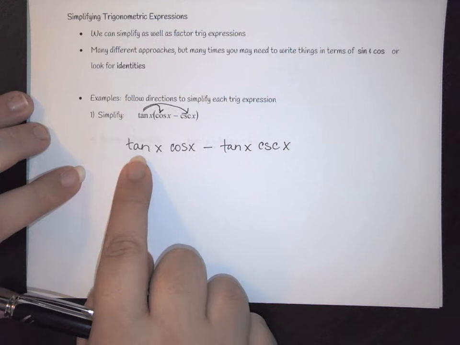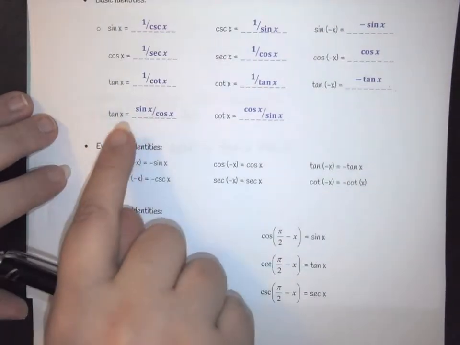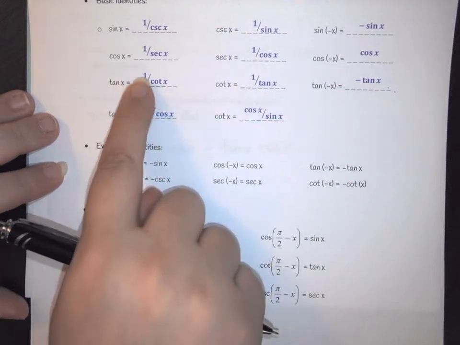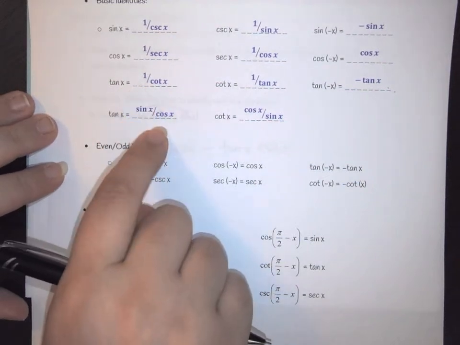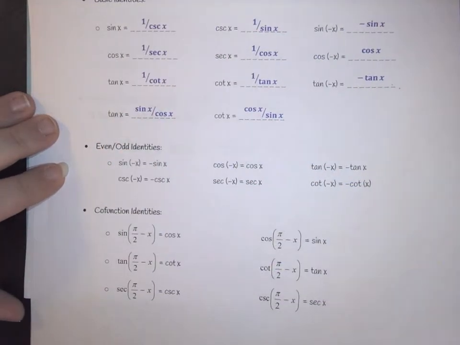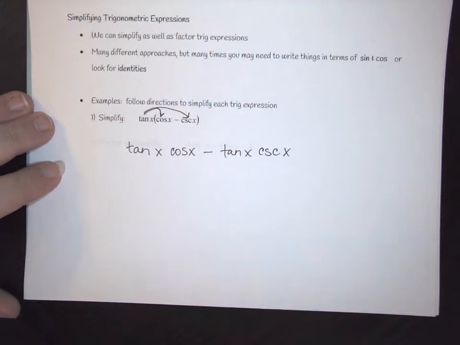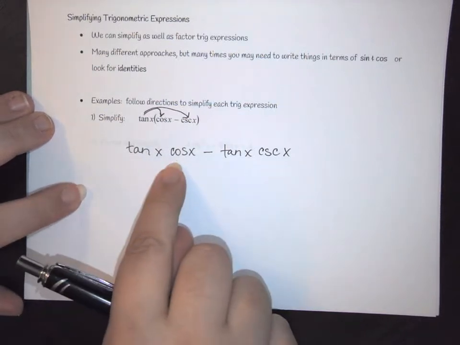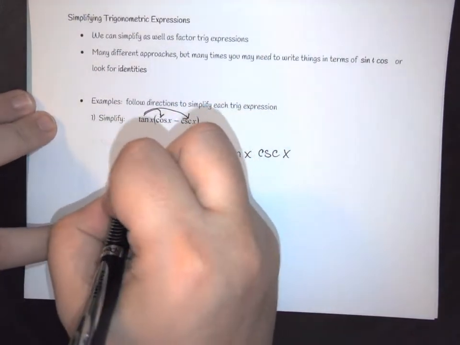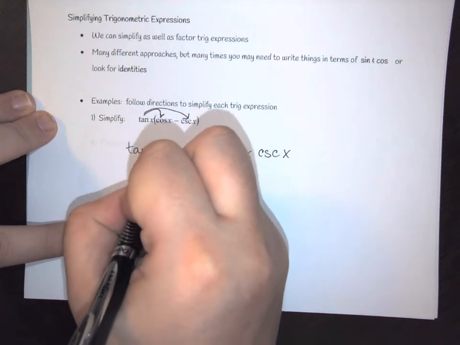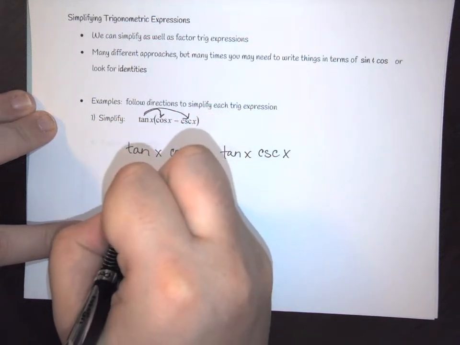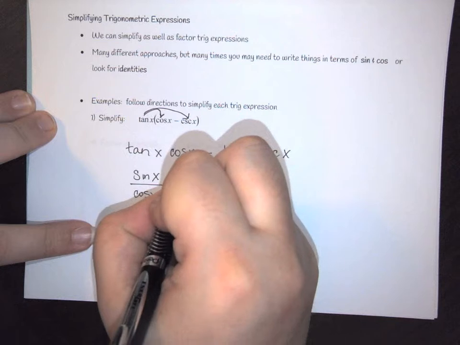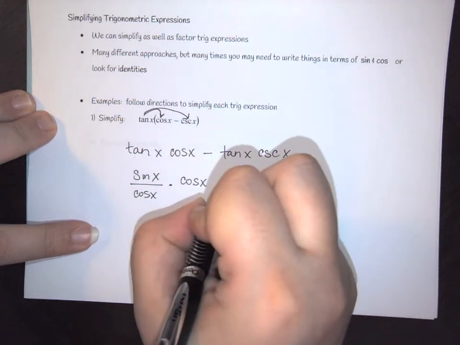I know tangent has its own identities. So if we come back here and we look, tangent can be written as 1 over cotangent or sine over cosine. With that being said, I have a cosine here, so I would write my tangent as sine of x over the cosine of x, which is still times your cosine of x.